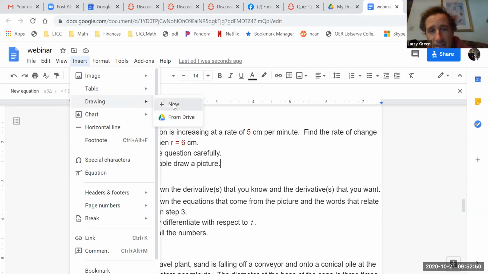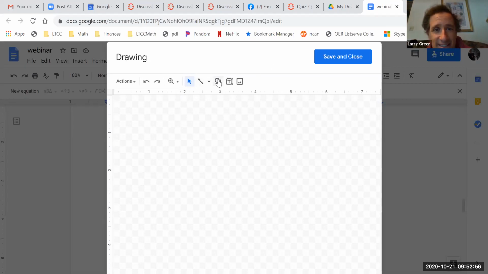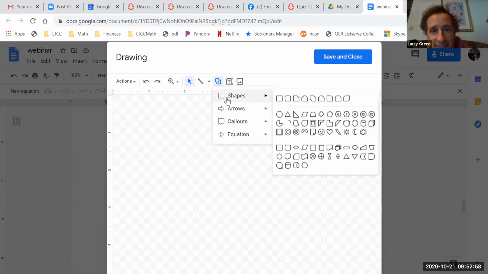So let's draw a little picture. Cross our fingers that it actually works this time. Do I have a sphere on this one? If I don't, I'll make one. No, it has cylinders, so I'll make a sphere.